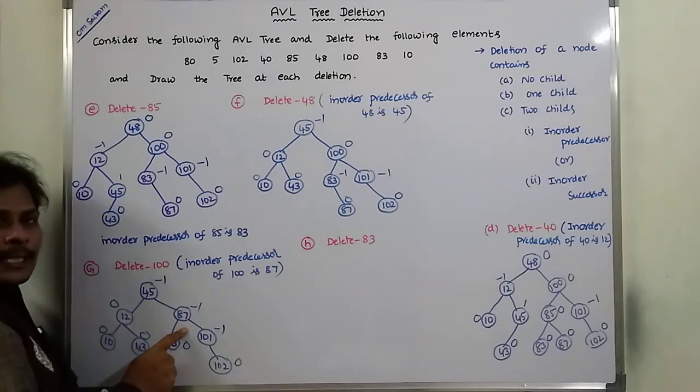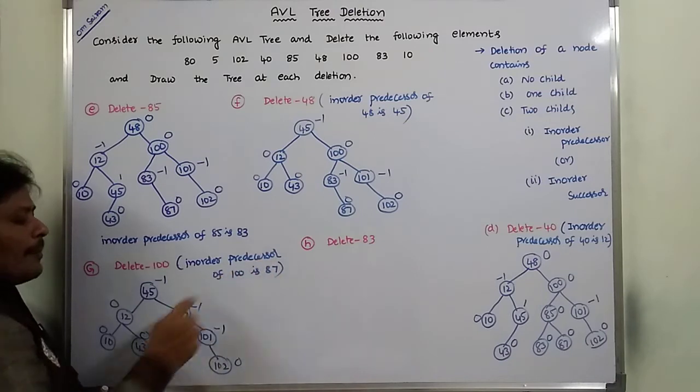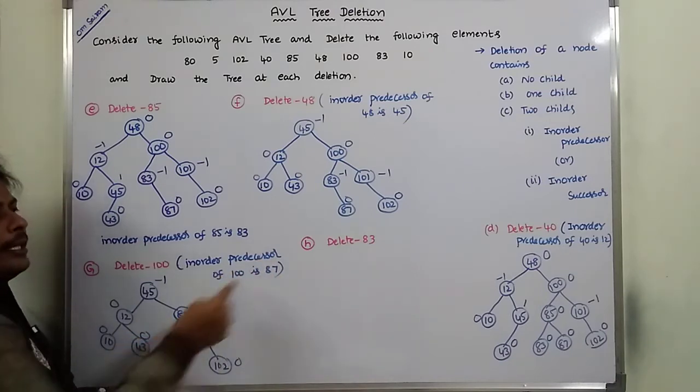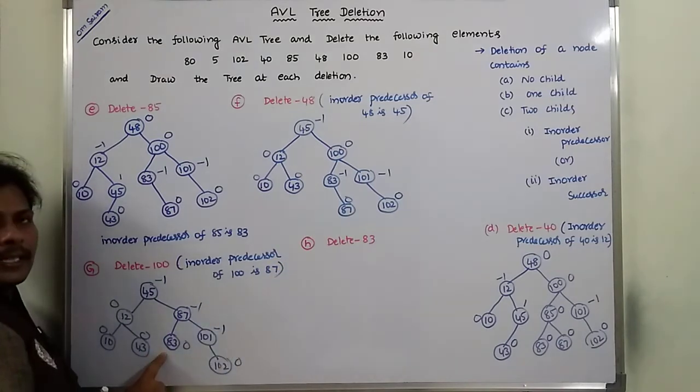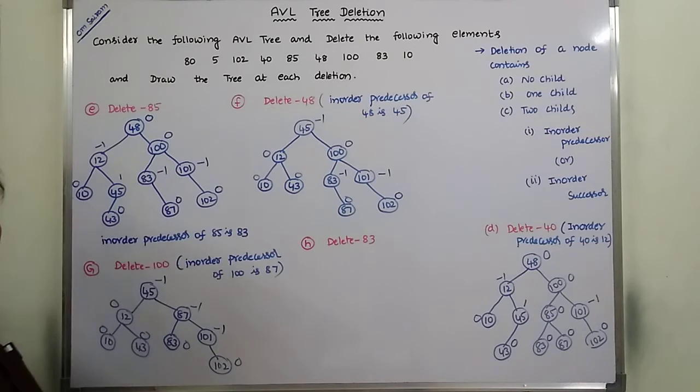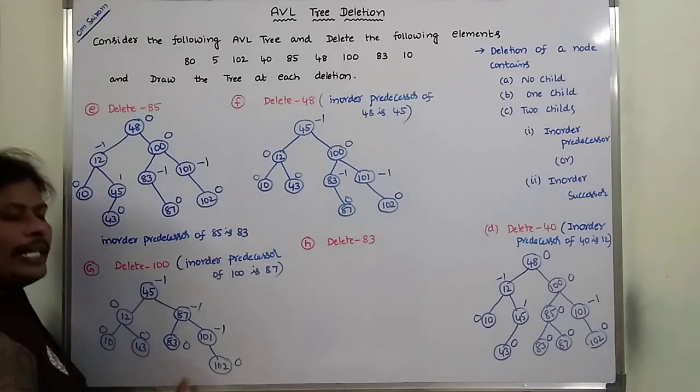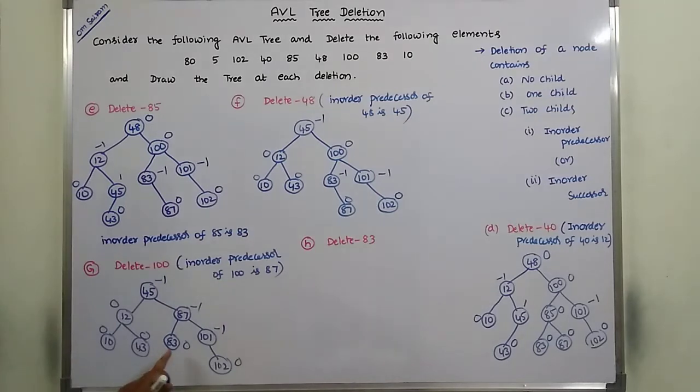Go to the right subtree. 83 is compared with 87. It is lesser. Go to the left subtree. 83 is compared with 83. So yes, both are equal. Our deleted element is found. That deleted element 83 has no left child and no right child, so that is no child. Simply we have to remove that node.